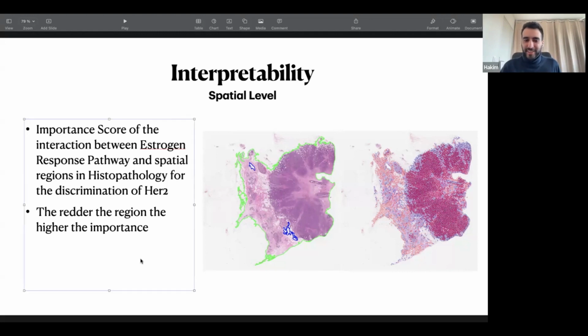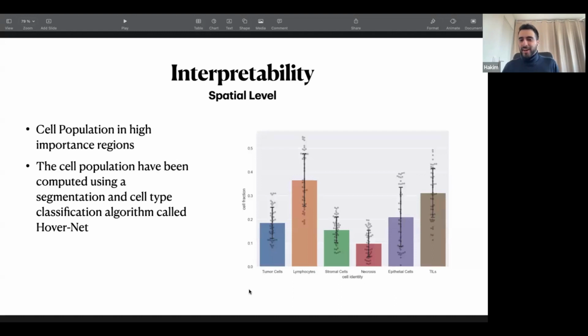So we did a little analysis of what actually happens inside the high attention regions for all the different patients, and we see that there's a huge proportion of lymphocytes and tumor infiltrating lymphocytes inside the high attention regions for discriminating the HR2 versus the rest.